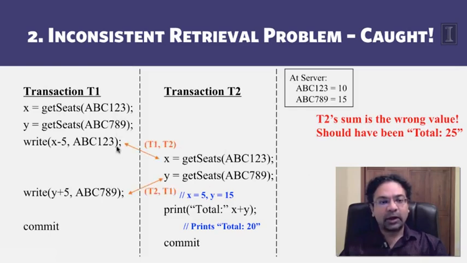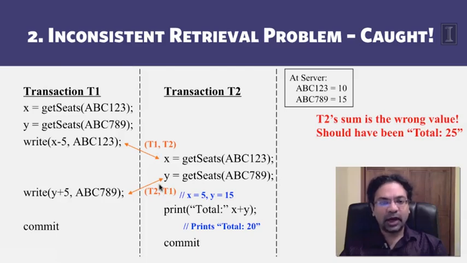The write on ABC123 and the read on ABC123 are conflicting. So the T1 part, the write, occurs first in this interleaving, so we mark that conflicting pair as T1 comma T2. And once again, the write to ABC789 and the read from ABC789 from T1 and T2 respectively are conflicting pairs because this is a write-read pair. And here the T2 part of the pair occurs first, and so we mark that as a T2 comma T1 pair.